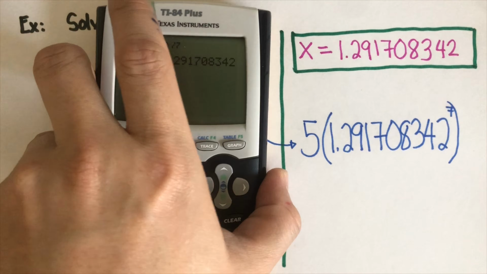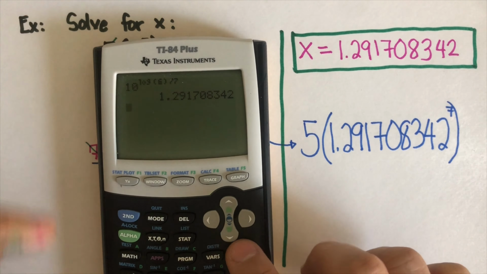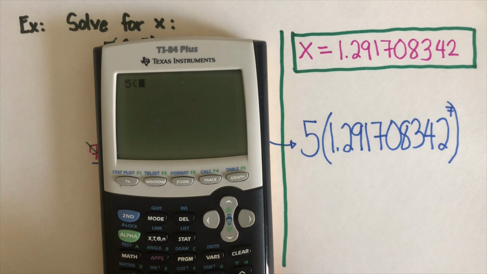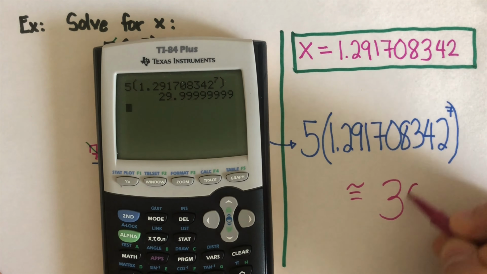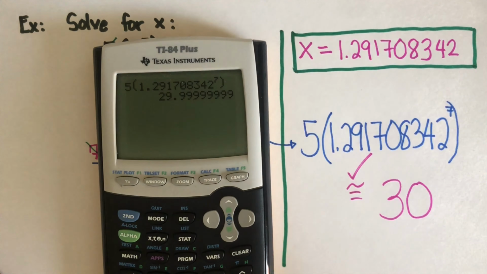Let's put this into the calculator. I'm expecting this to be 30. Let's see. And it's 29.99, which is roughly equal to 30. So our value for x is correct. It's going to be this one.